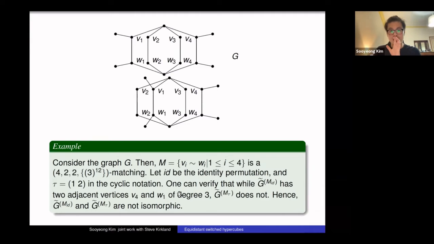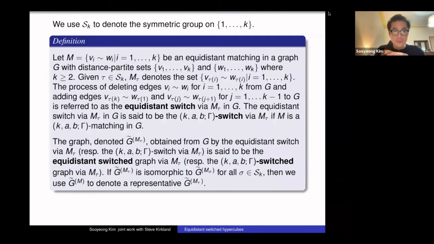What I want to say is, according to the choice of permutation in the symmetric group, we have different non-isomorphic graphs. So that's why we are going to use this notation. Since they are not in general isomorphic according to the permutation, here we consider the case where G tilde M sub tau is isomorphic to G tilde M sub sigma for all sigma in the symmetric group.